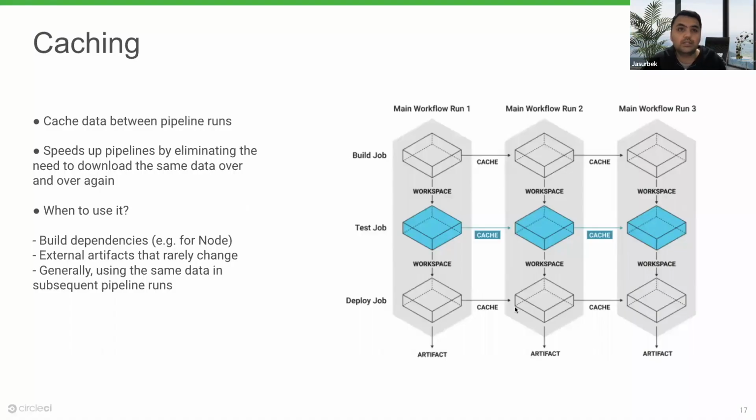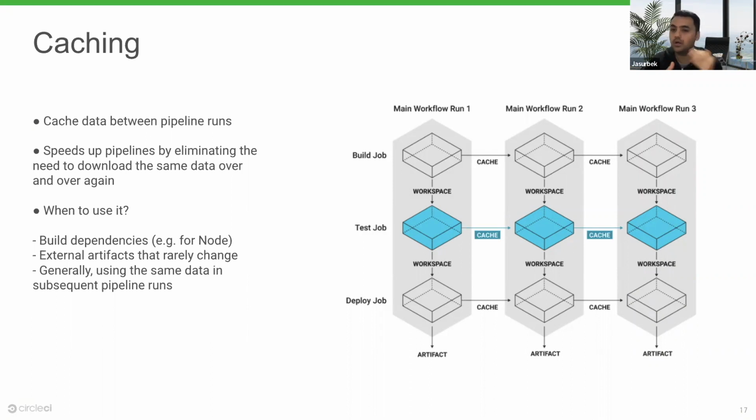So in today's session, I'm just going to talk about caching data between pipeline runs. For example, you cache your data in one job and use the cached data in the same job, but in the next pipeline. If you want to use cache data within the same workflow with different jobs, then you need to use workspaces.